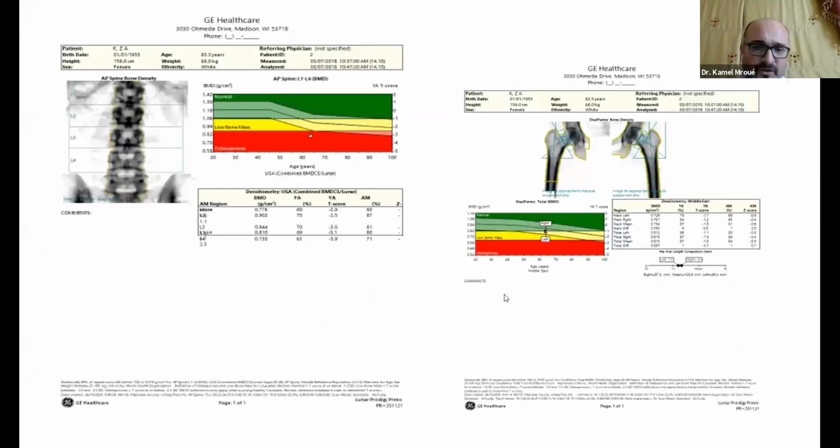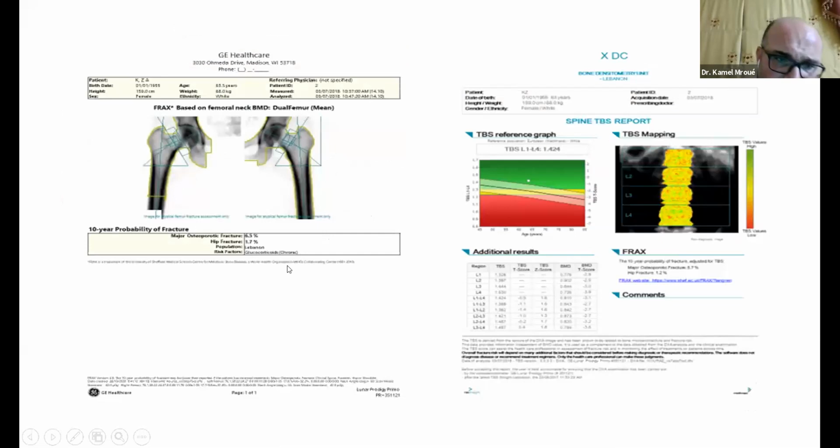If you go to the GE Lunar patients, this is a 63-year-old lady who had a bad lumbar spine T-score of -3.1, and her hip neck was around -1.7. Her FRAX was only 6.5% for major osteoporotic fracture.